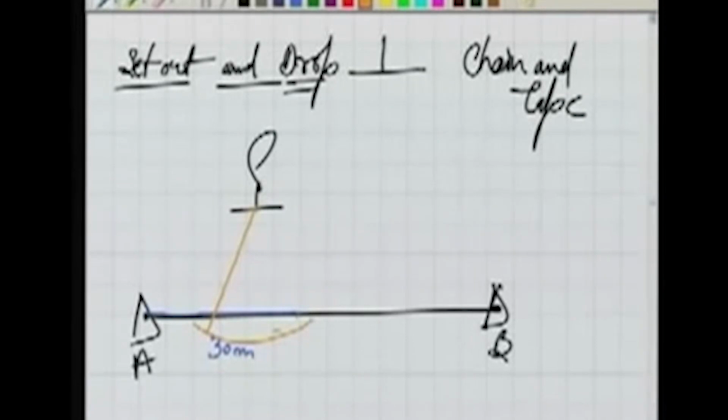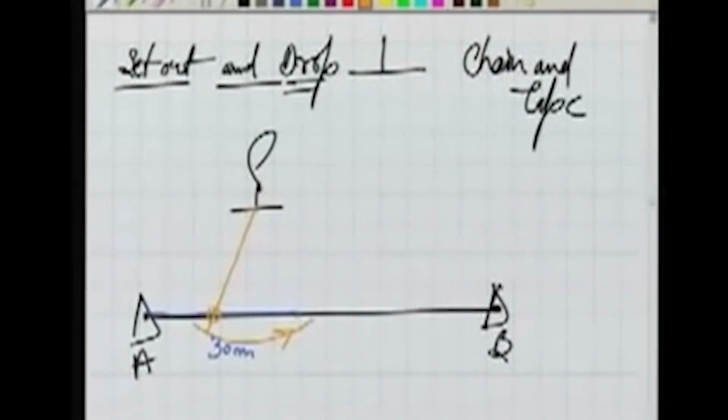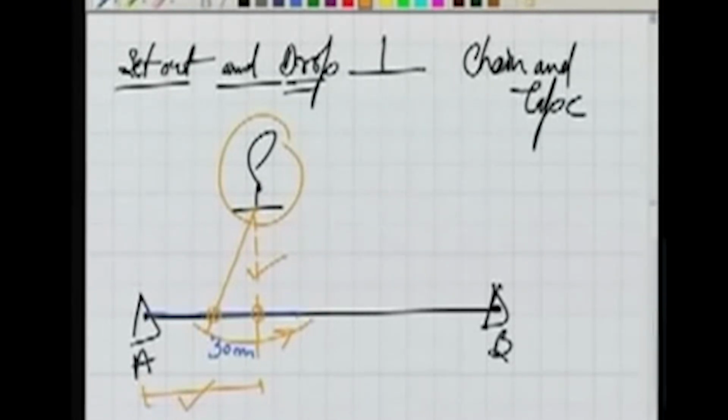While you are swinging the tape, you look for the reading here. When the reading on the tape is minimum, obviously, that's the foot of the perpendicular. So this reading is the offset value and the corresponding reading here is the chain edge for this particular offset.